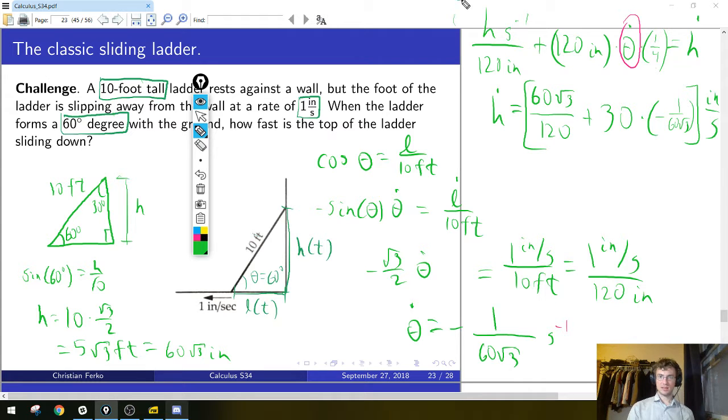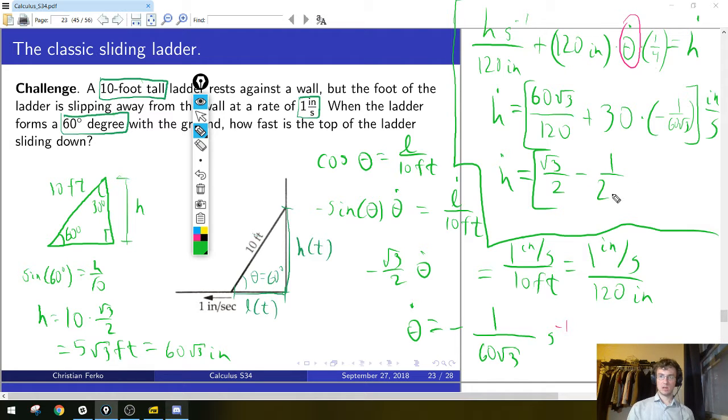So if we have been very fortuitous, then the result should be h dot equals, well, 60 over 120 is a half, so root 3 over 2. And then 30 over 60 gives us a minus 1 over 2 root 3, all inches per second.